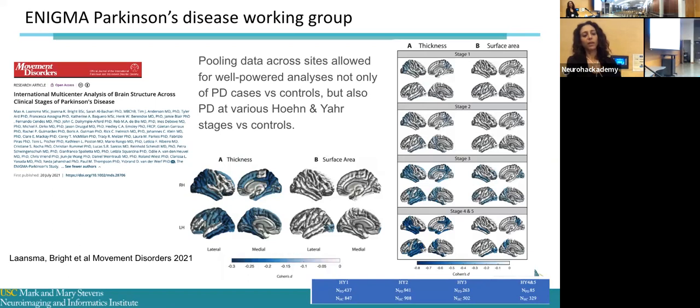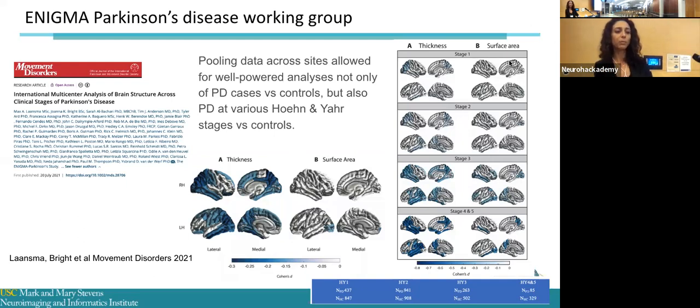So with data harmonization and mega-analyses and controlling for the site effects, you're able to look a lot further into the data than with the meta-analysis.